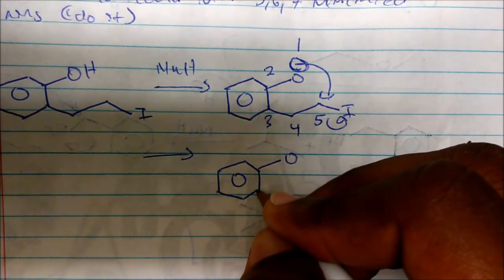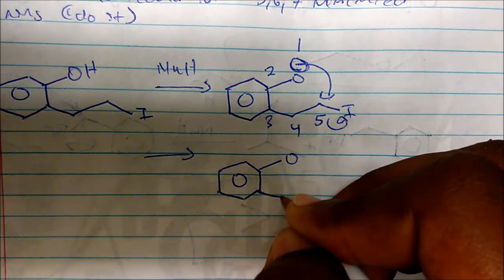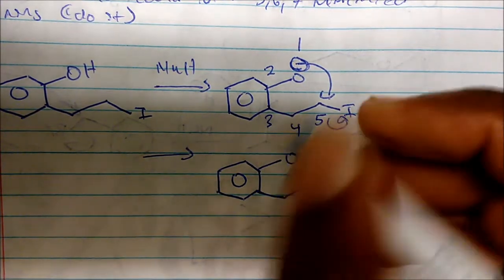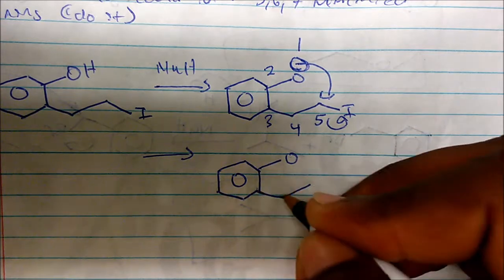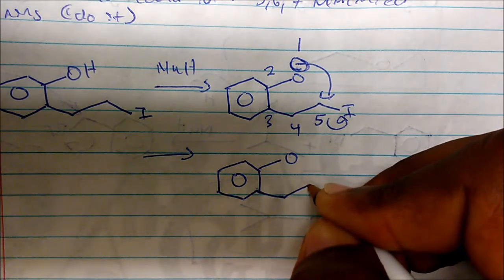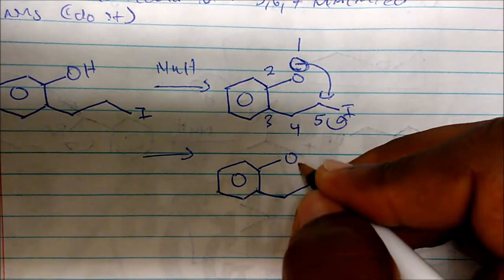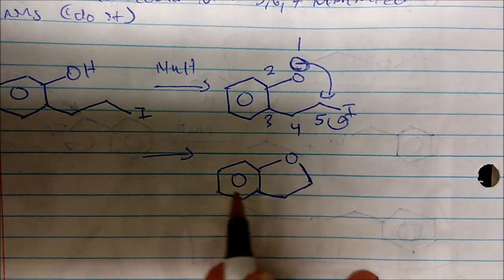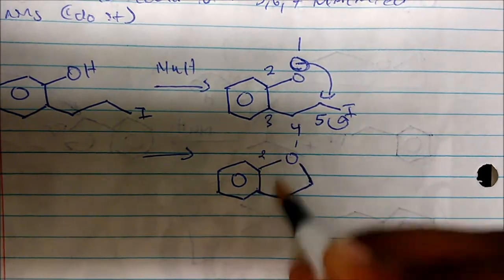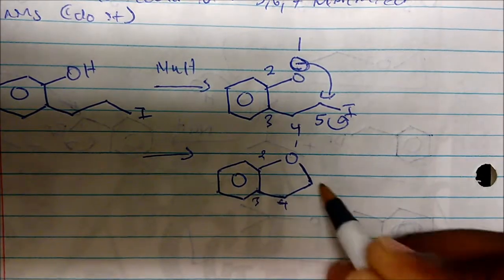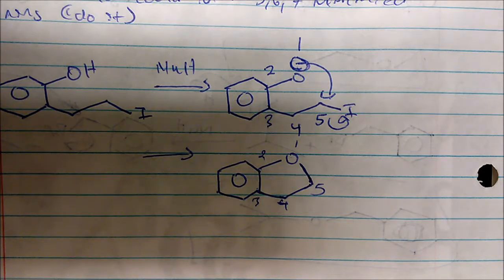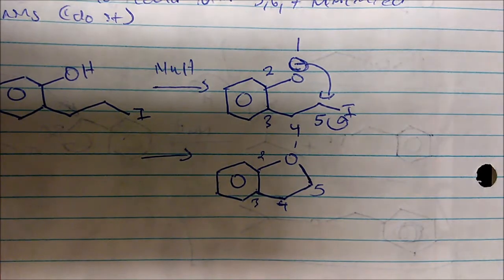We have carbon 1, 2, 3, 4, 5, and then the only thing left is just this. So let's count how many members are in our ring. 1, 2, 3, 4, 5, which is exactly what we saw the first time. So again, anytime we could form a 5 or 6 membered ring, do it.